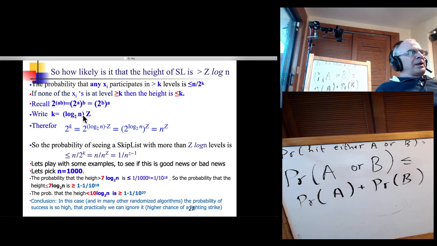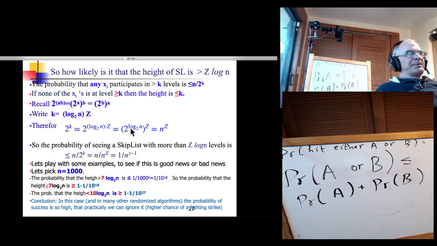If k equals z times log n, what is 2 to the k? Let's substitute. 2 to the k is 2 to the power of log to the base 2 of n times z, which is just 2 to the power of log to the base 2 of n, all to the power of z.